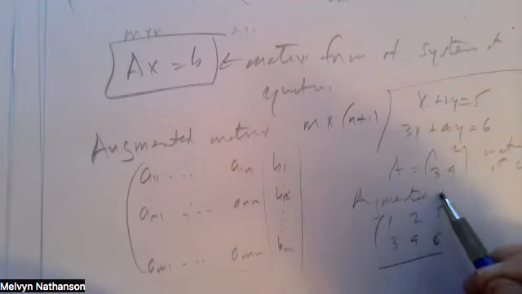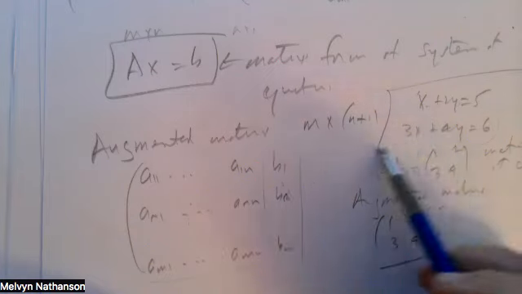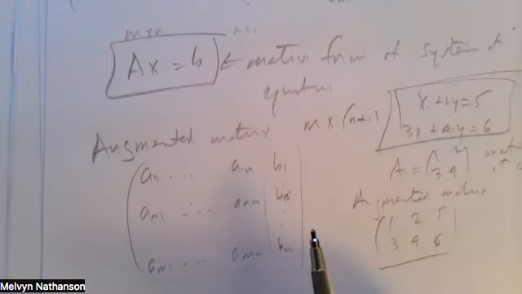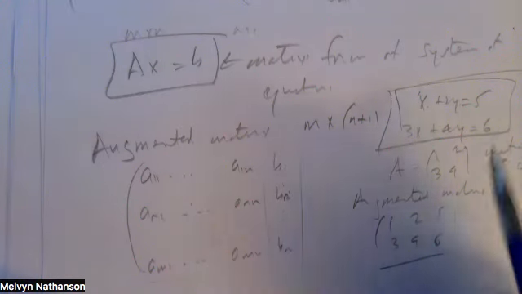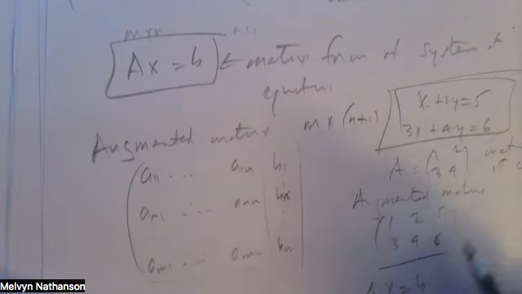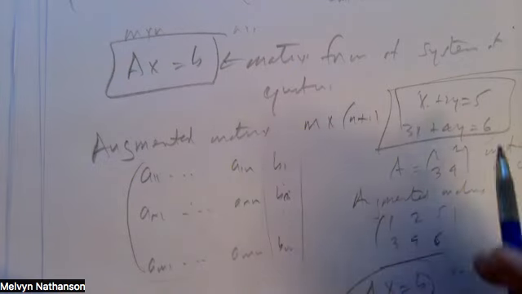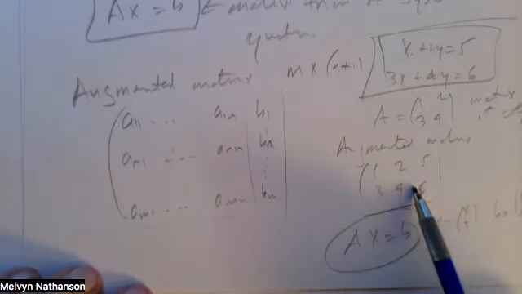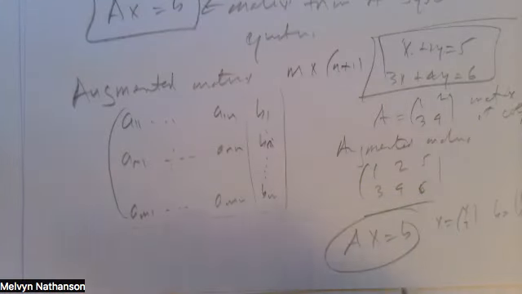So this is the augmented matrix for this system of equations. And this system itself is equivalent to Ax equals B where this is A, X is x, y, and B is 5, 6. So that's the matrix form of this system of equations. And this is the corresponding augmented matrix.